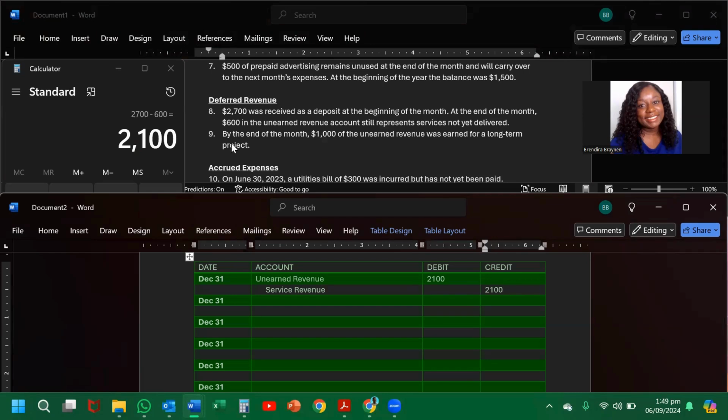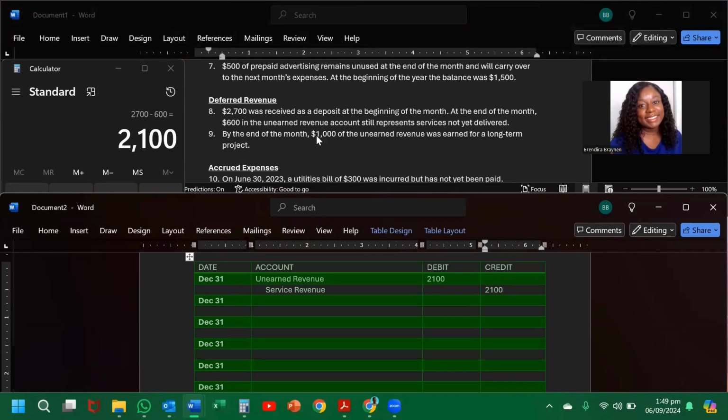The second one, and there are only two examples of this because these are pretty straightforward. These are most likely how it's going to come. The second one says by the end of the month, $1,000 of the unearned revenue was actually earned for a long-term project. No calculation needed.